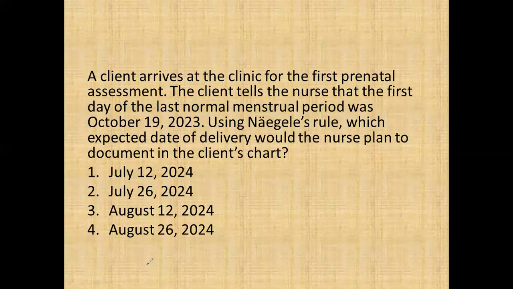So 4 months ago, any proper question should give you the exact date the person had her last menstrual period. I'm just telling you so that you don't get confused. Any proper NCLEX question will give you the first day of the last menstrual period.